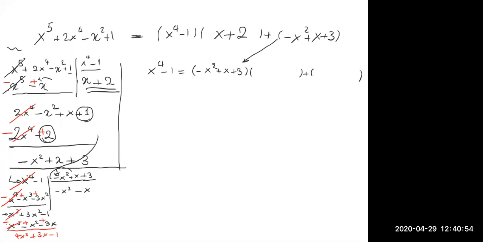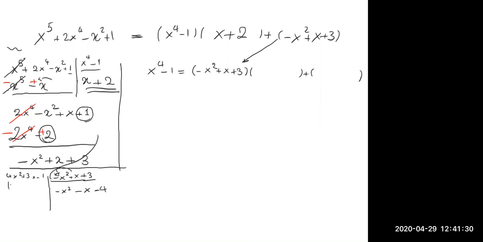Because I don't have much space, let me erase these and move this thing a little bit up. So now I have minus x squared, but here I have 4x squared. So I should multiply minus x squared by minus 4.